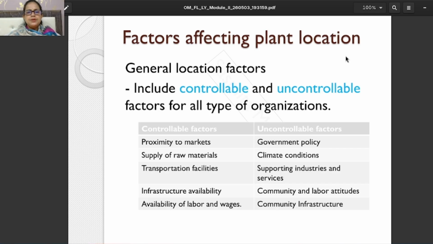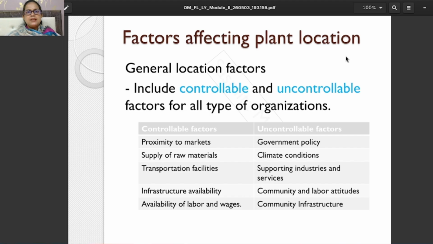We need to have a transportation facility, and we can decide which type of transportation we need. Then infrastructure availability: whether the infrastructure of that place is available or not to have the location.